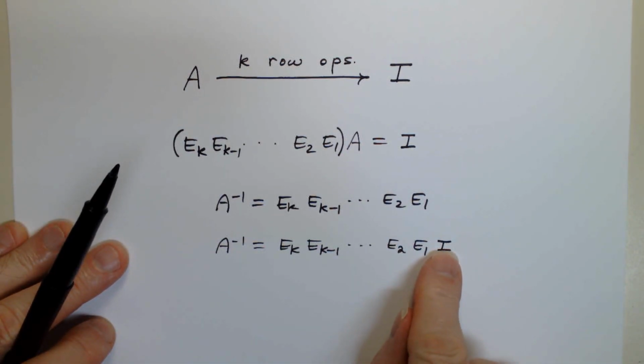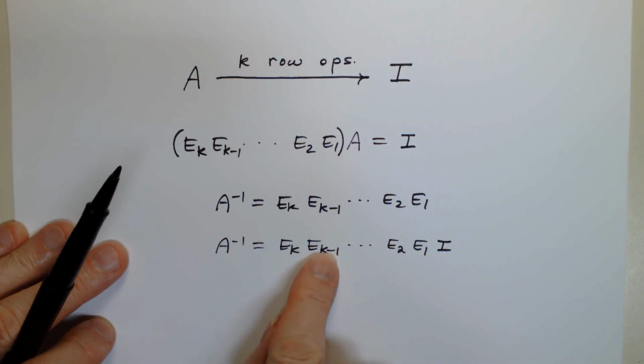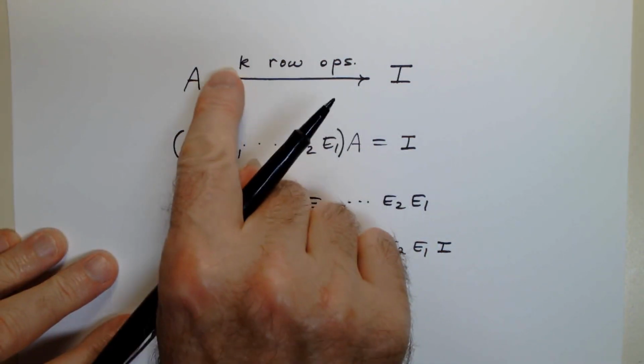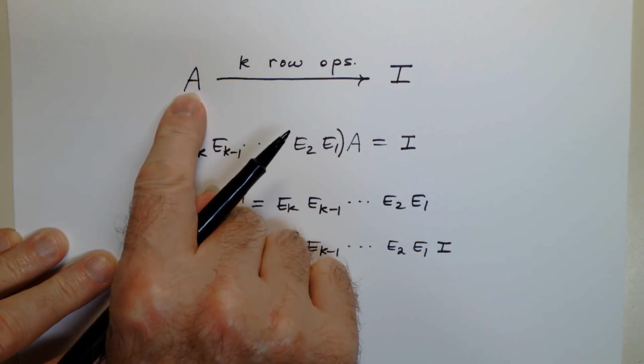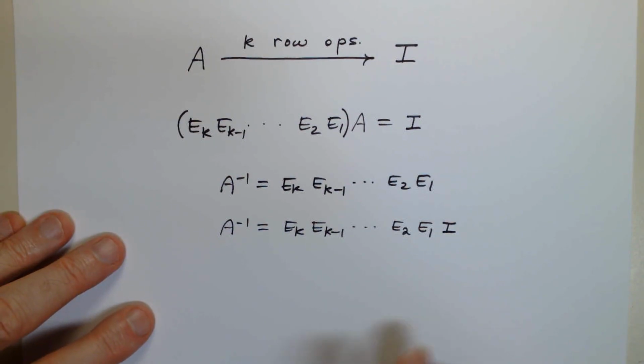It says, if I start with the identity matrix and perform the associated sequence of row operations, E_1 through E_k, I will result in the inverse matrix, A inverse. So these same k row operations performed in exactly the same order, starting with the identity matrix, will result in the inverse matrix of A.